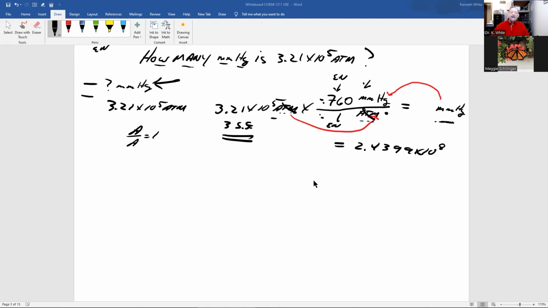All right. How do we round this off to 3 significant figures? Keep the 2, keep the 4, keep the 3. Use this number to round off. Is that 4 or less or 5 or higher? And hopefully it's 5 or higher. So I'm going to drop that and increase this by 1.